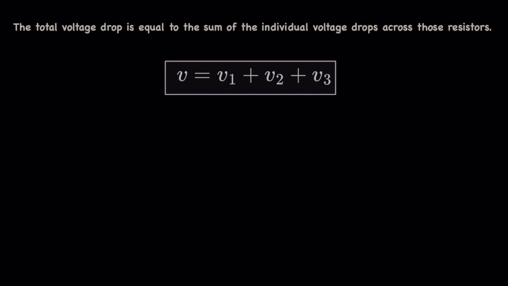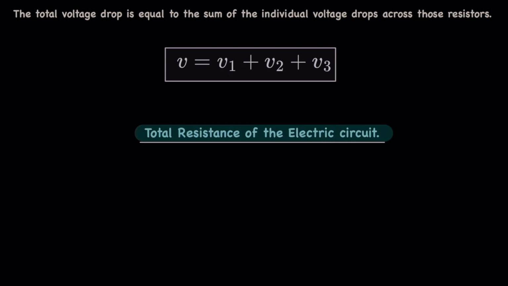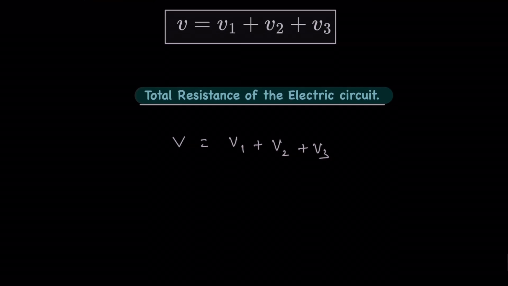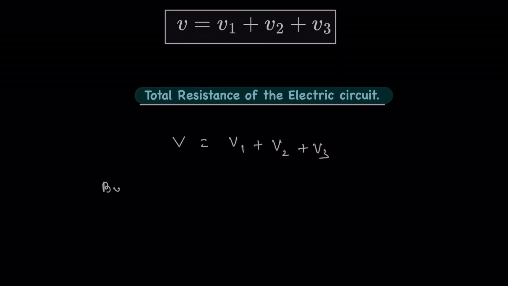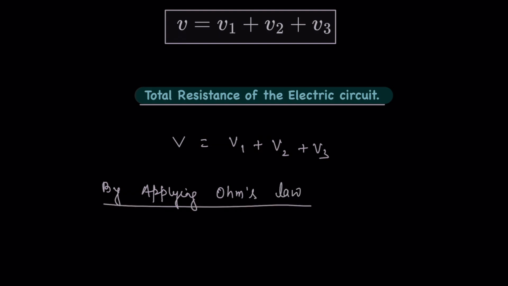Now we will find the total resistance of the electric circuit. We know that V is equal to V1 plus V2 plus V3. By applying Ohm's law, V is equal to IR.